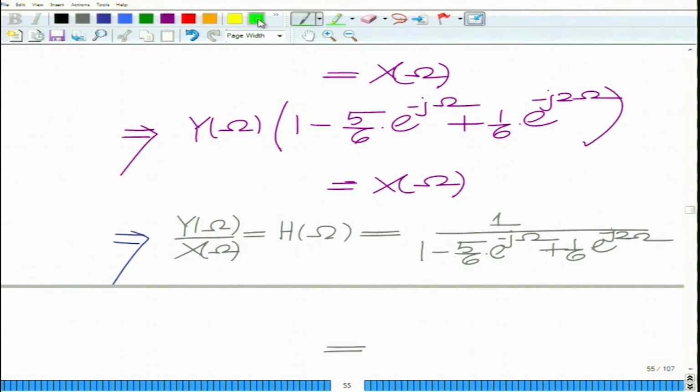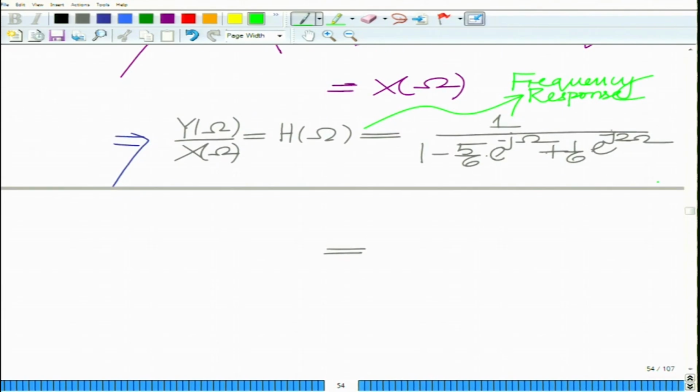Now, remember this is basically already your frequency response of the discrete time LTI system. Now, we have to derive the impulse response. If you take the inverse DTFT of the frequency response, you get the impulse response.